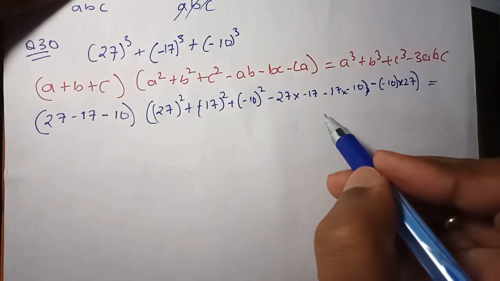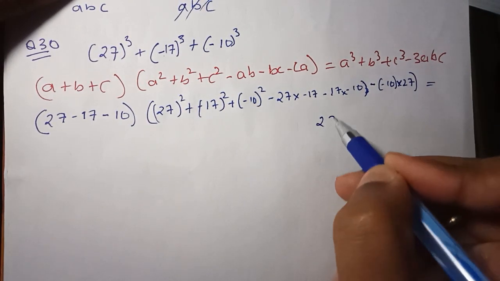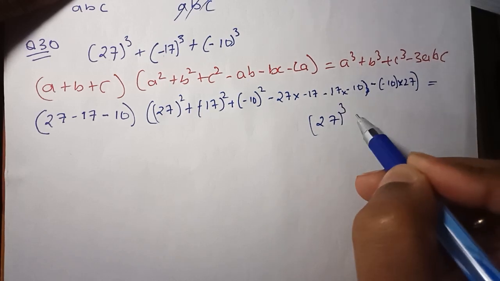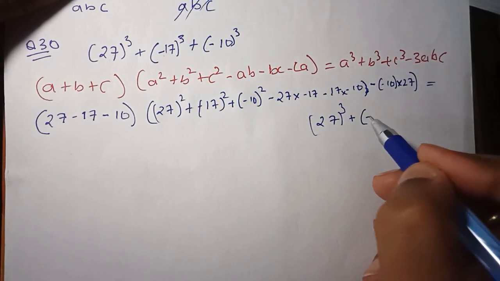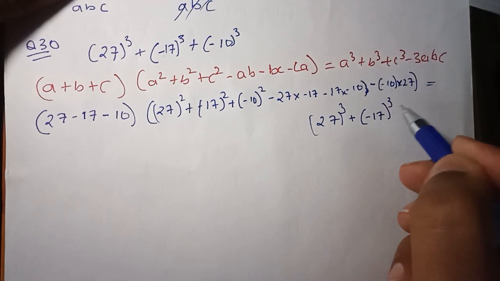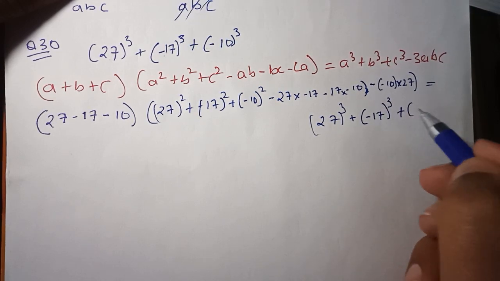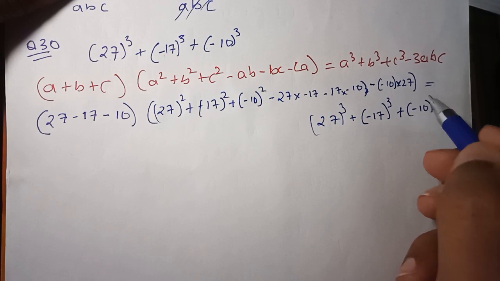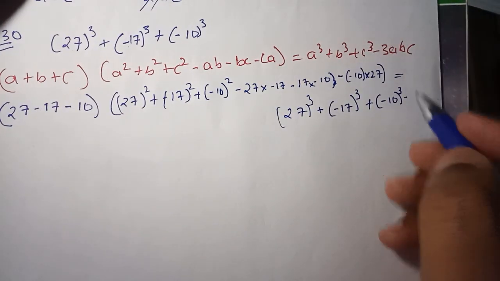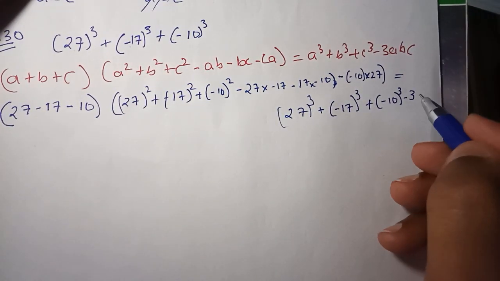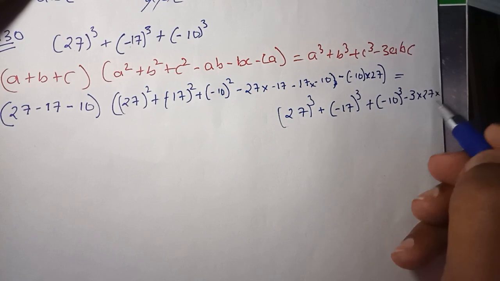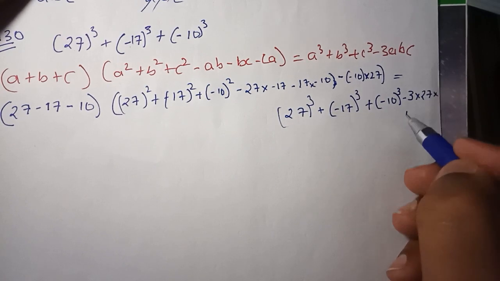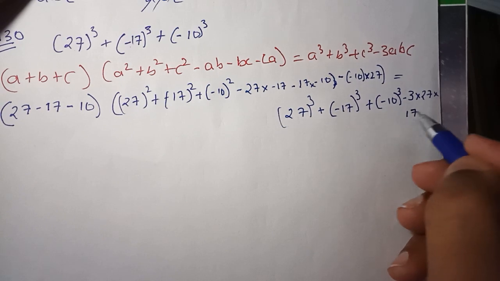I'm writing it down over here, 27 whole cube plus minus 17 whole cube plus minus 10 whole cube minus 3 into 27 into, I'm writing it over here, 17 into 10.